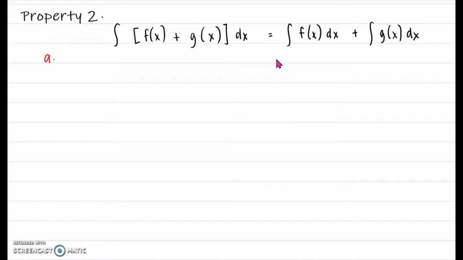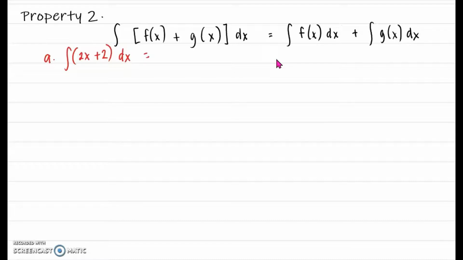Let's have the integral of 2x plus 2 with respect to x. So here our f of x is 2x and our g of x is 2.